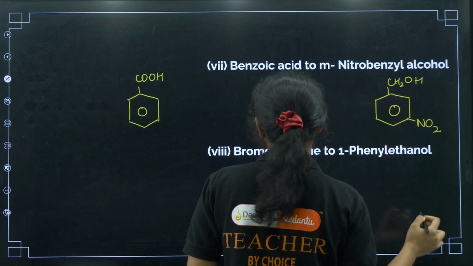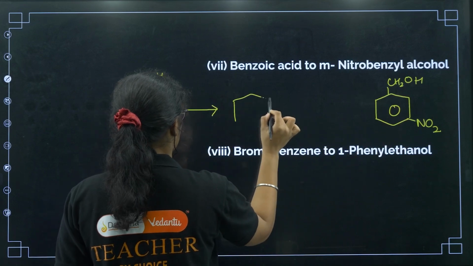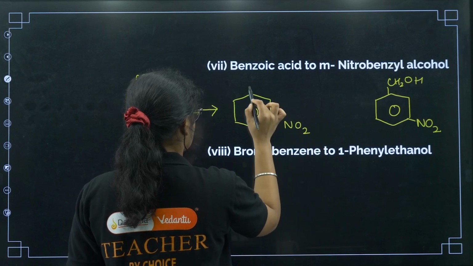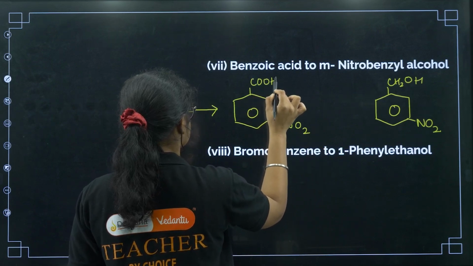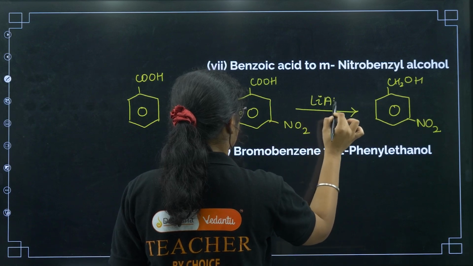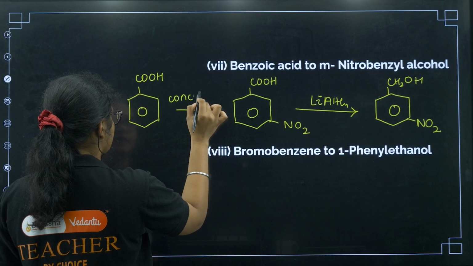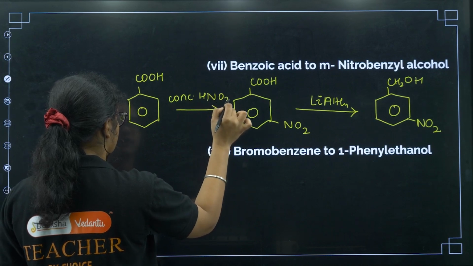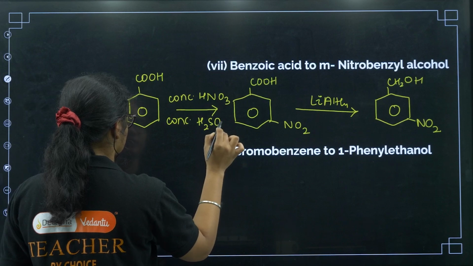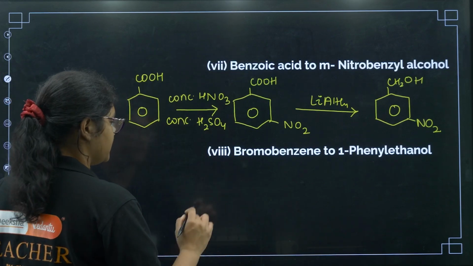First you can add the nitro group, so convert it into the nitro compound, and once this is done, just reduce this one using LiAlH4. Here you can use concentrated HNO3 and concentrated H2SO4. Done.